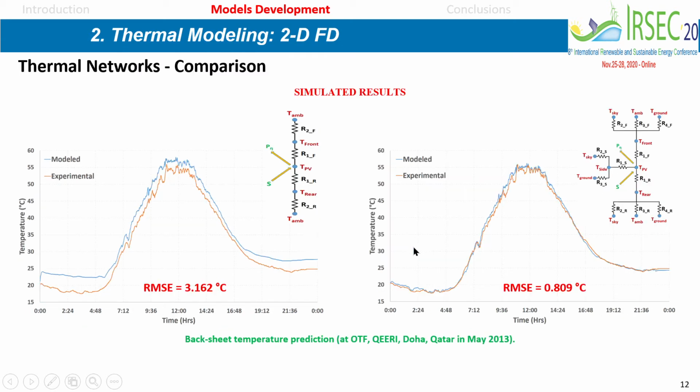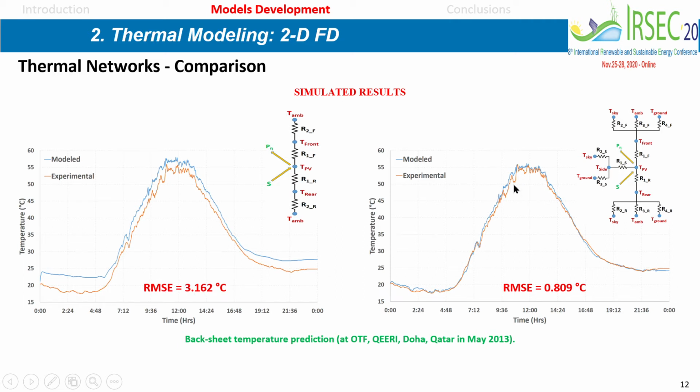And then for the output, one of the outputs we looked at is the temperature at the back sheet: predicted temperature in blue versus measured temperature at the back sheet in orange. This is using classical dissipation modeling. The results are close, but not that great. As you can see from the root mean square error, it's 3 point something.